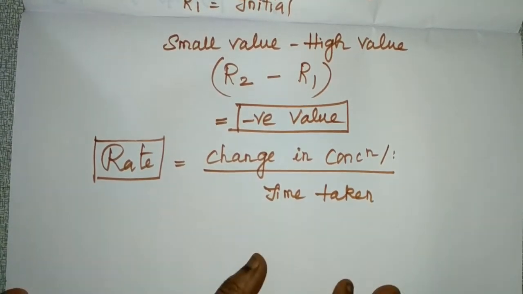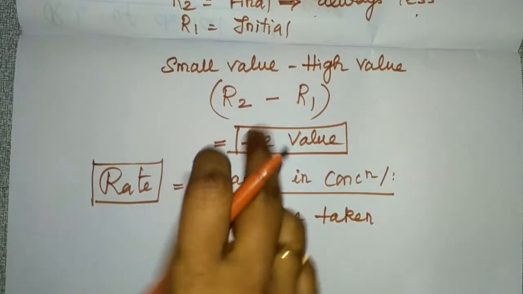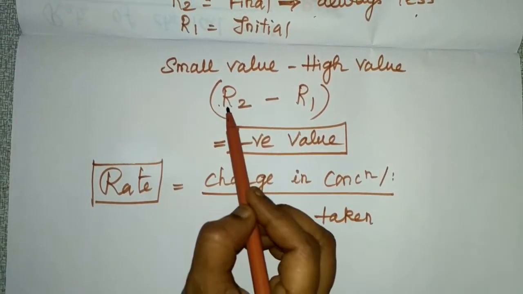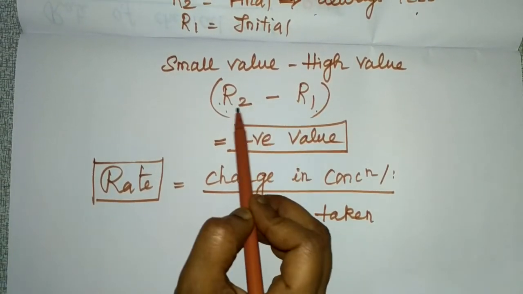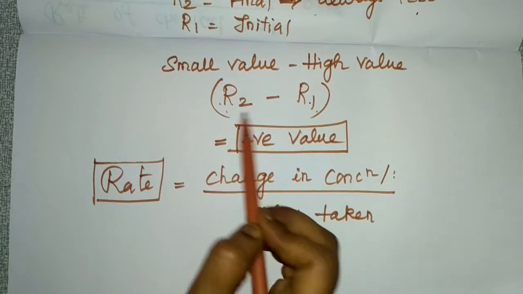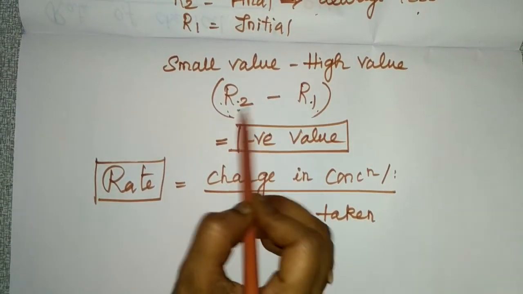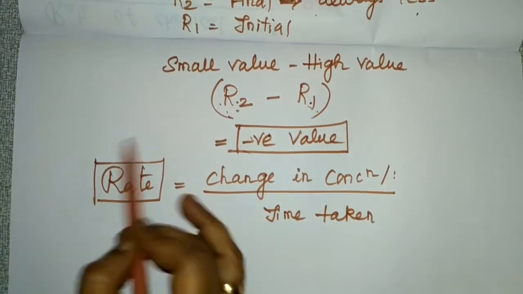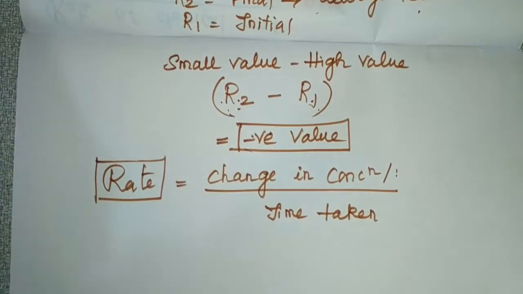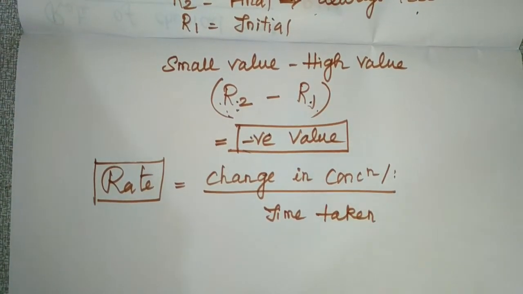So this is negative, this change, that is R2 minus R1. You are subtracting high value from small value, so definitely you will get a negative value. This R2 minus R1 will be negative, but the rate cannot be a negative value.